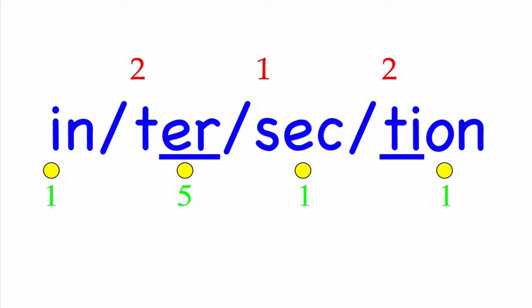Astronomers. The astronomers went to the observatory to view the stars. As-tra-no-mers. First syllable as, 2 sounds: a, s. Tra, 3 sounds: t, r, a.